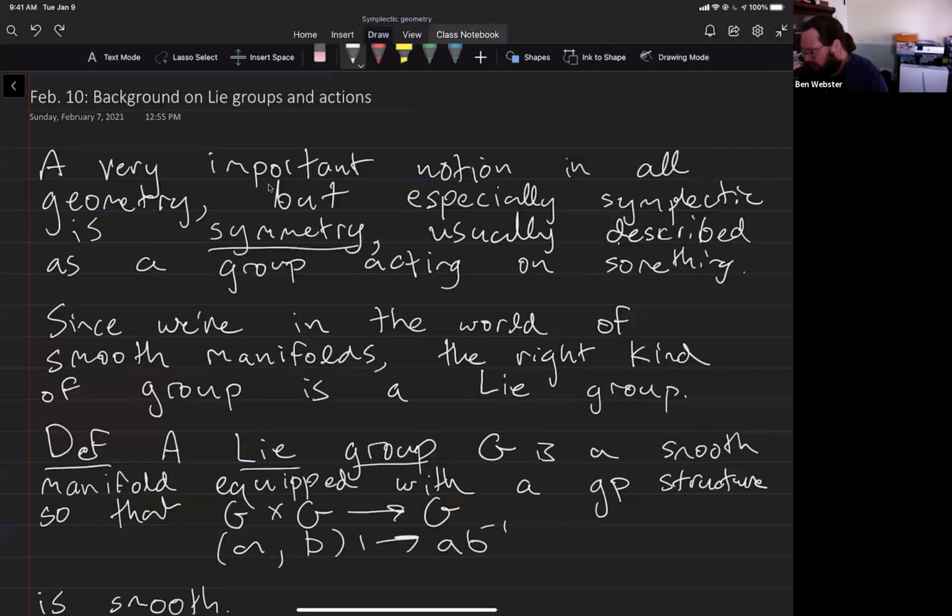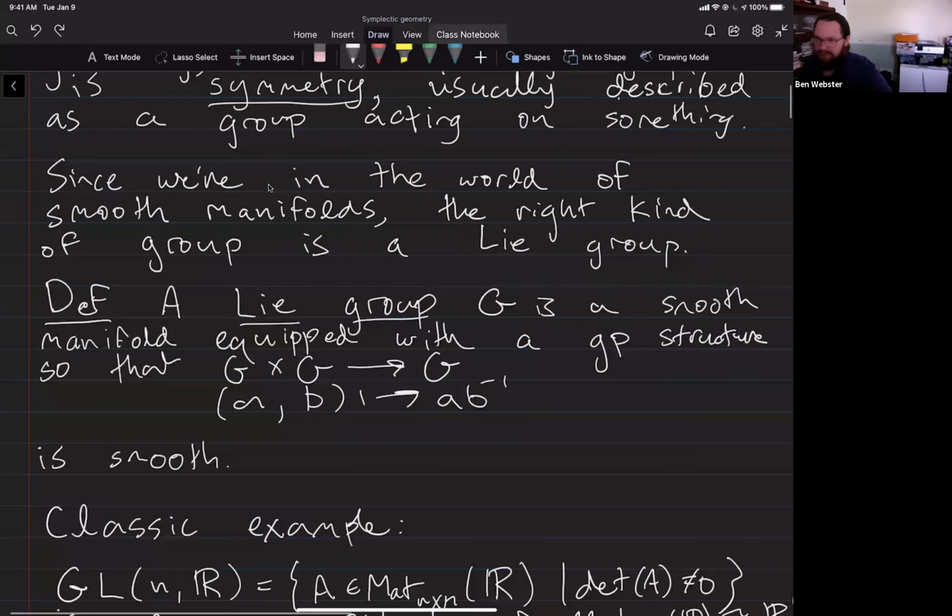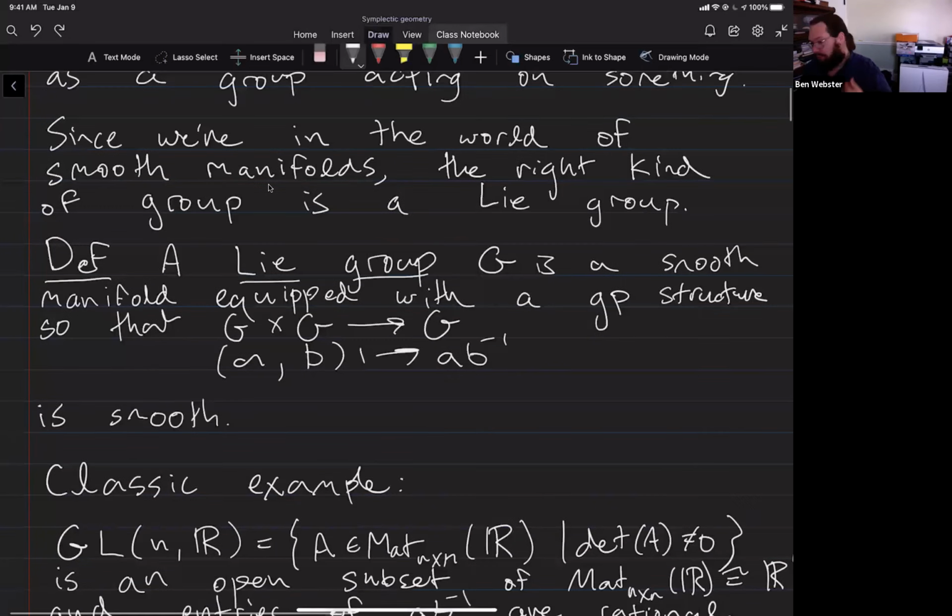So by definition, a Lie group is a smooth manifold, which is also equipped with a group structure such that, the convenient way to write this is not with either the multiplication or the inverse map, but the map of A and B goes to A times B inverse.